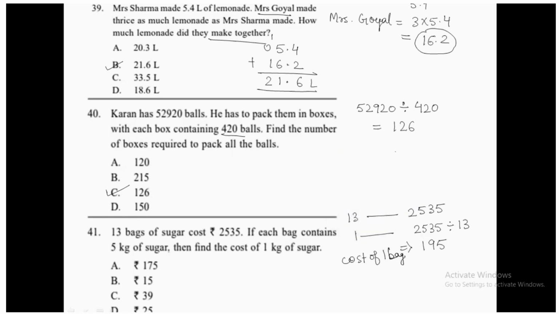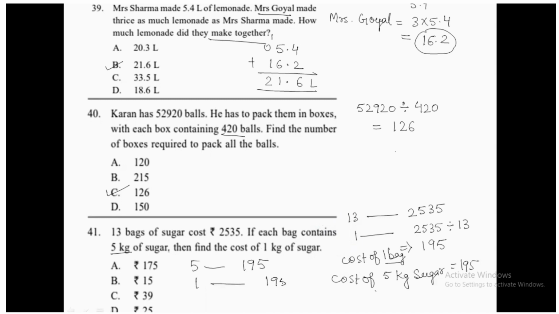Now each bag contains 5 kg of sugar, so the cost of 5 kg of sugar is 195, because one bag contains 5 kg of sugar only. Now according to the question, we need to find the cost of 1 kg of sugar. If 5 kg of sugar costs rupees 195, what will be the cost of 1 kg?